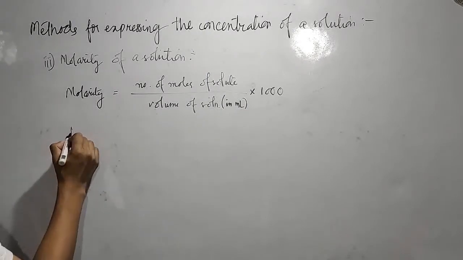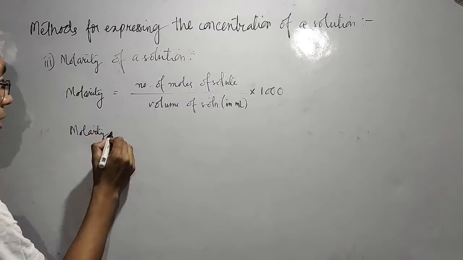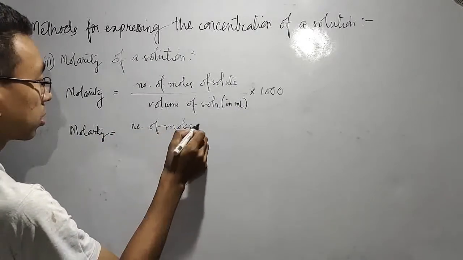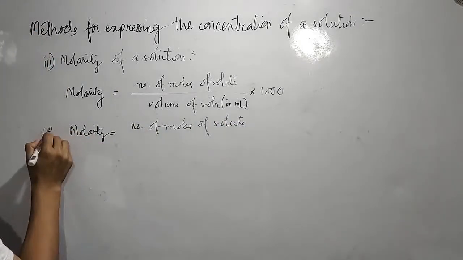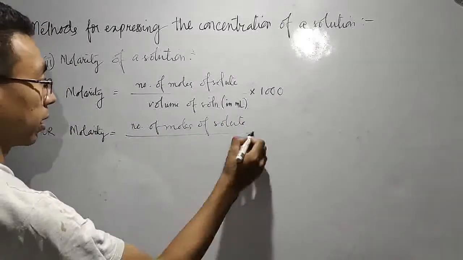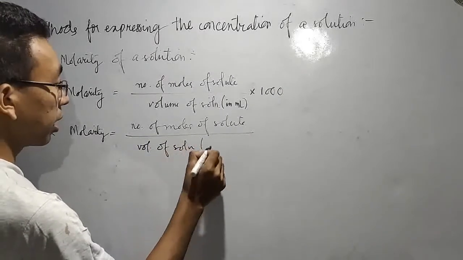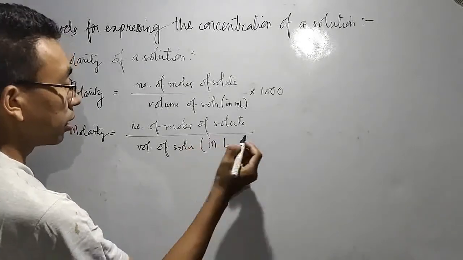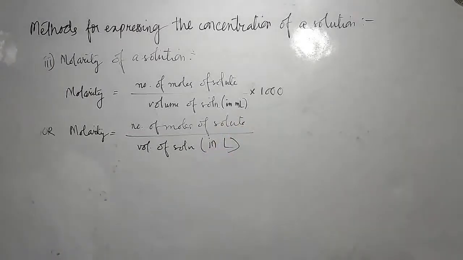The other form is molarity equal to the number of moles of solute divided by the volume of solution in liter. In liter, we won't multiply by 1000.